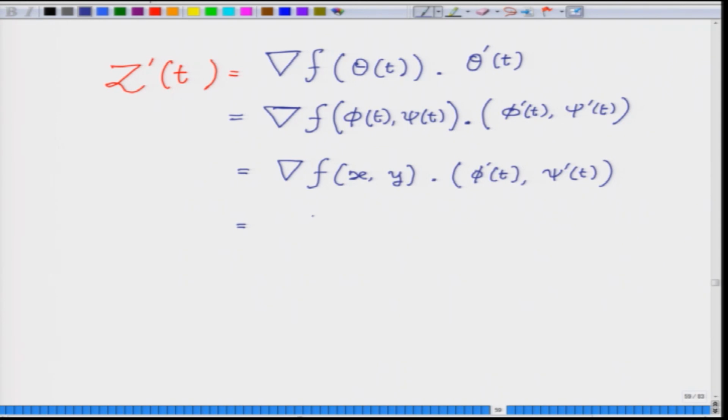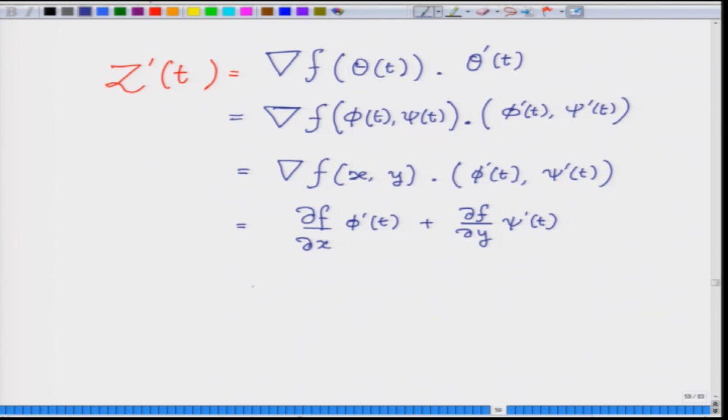So, what do I have? I have del f del x, right, del f del x phi dash t, just adding the dot product, del f del y is the gradient, this is nothing but the gradient, del f del x, del f del y into psi dash t. But what is psi dash t?